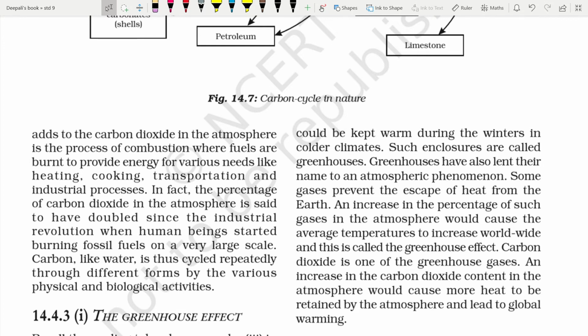In fact, the percentage of carbon dioxide in the atmosphere is said to have doubled since the Industrial Revolution, when human beings started burning fossil fuels on a very large scale. Carbon, like water, is thus cycled repeatedly through different forms by various physical and chemical activities.